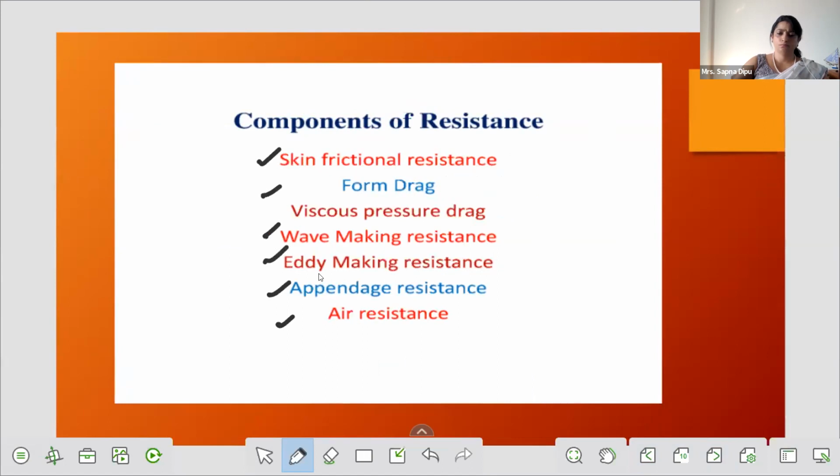Now our idea is how best we can reduce these resistance components by adopting the latest techniques, latest technologies, or whatever knowledge we have, so that the effective resistance is less, thereby the installed engine power is less, thereby the carbon dioxide emission is less, thereby EEDI is achieved. That is basically our topic today.